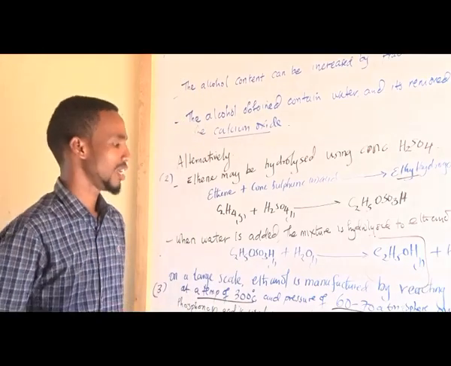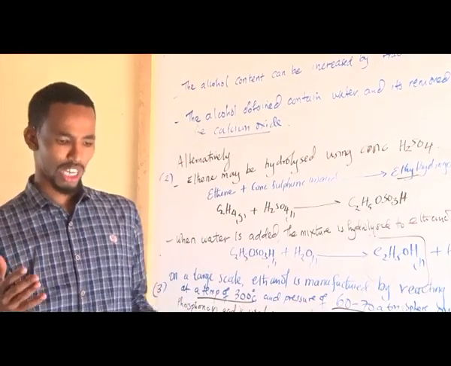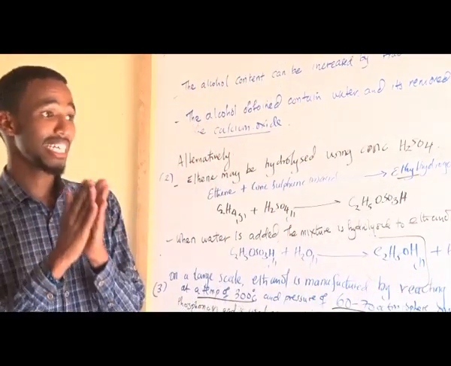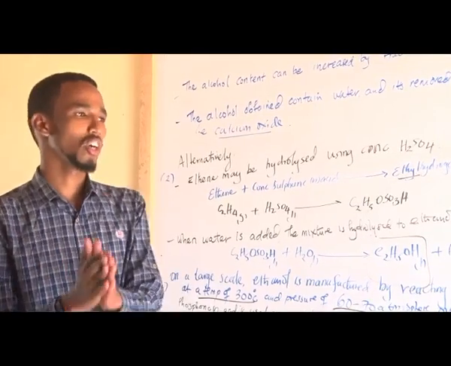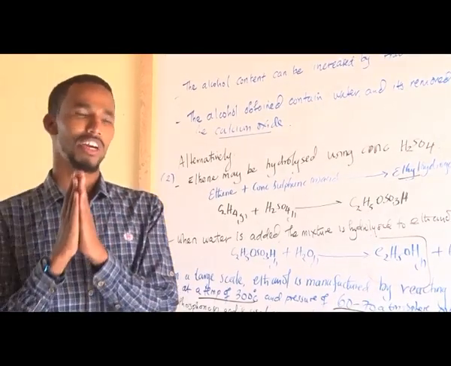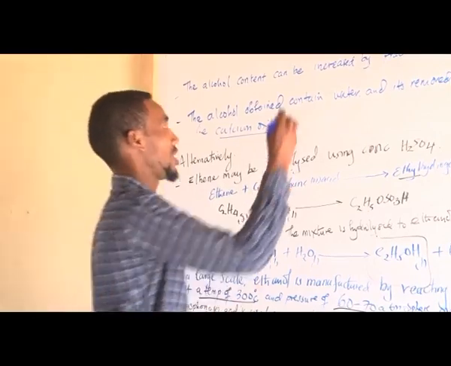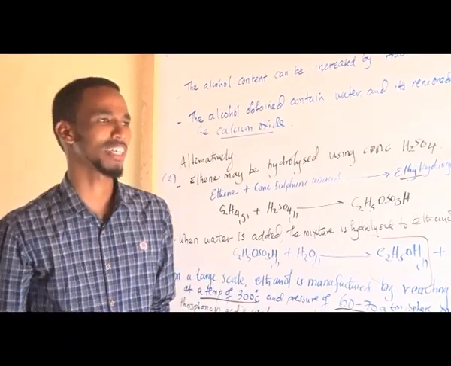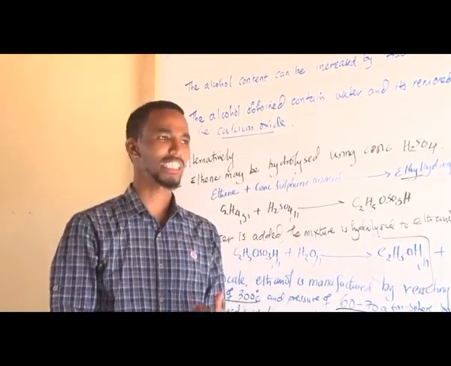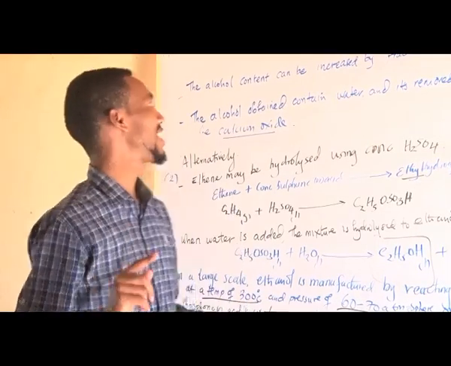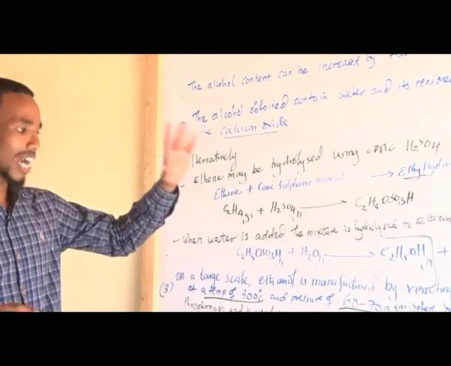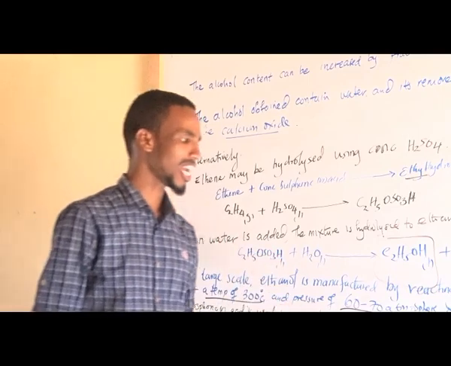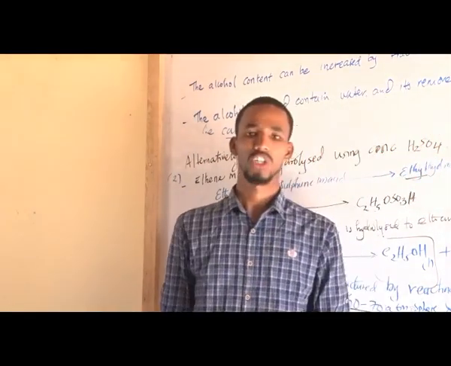Another method, if you want to obtain ethanol on a large scale, is to react steam with ethene gas over phosphoric(V) acid, H3PO4, at a temperature of 300 degrees Celsius and a pressure of 60 to 70 atmospheres. With those conditions, you will obtain ethanol in large quantities.